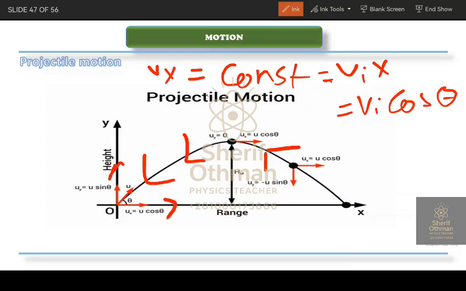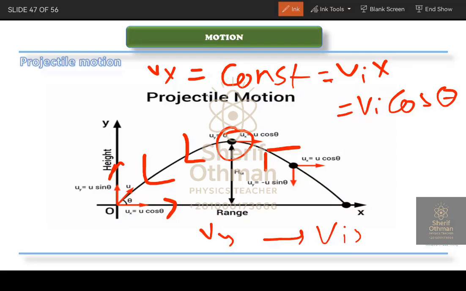While the one which changes during the motion is Vy. It starts the motion with Viy, and this value decreases as we're going up. At the maximum position, there is no Vy. Vy is equal to 0, as the object is going to move horizontally only. After that, the object will fall down.